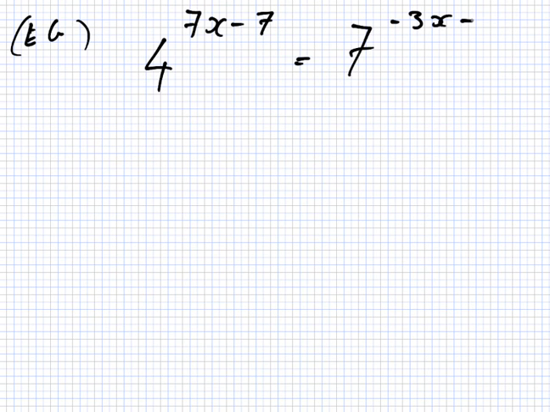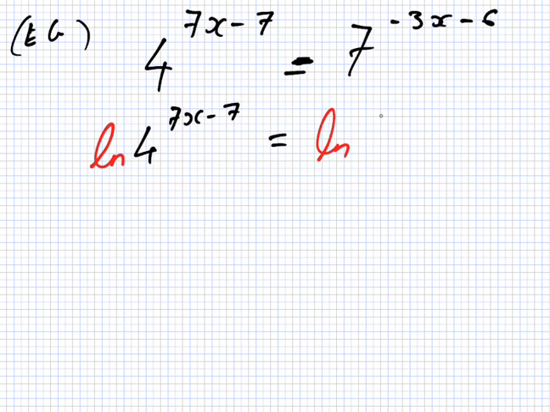So for example, I have 4 power 7x minus 7 equals 7 power minus 3x minus 6. So just like before, we can put a log on both sides. And just like before, we can take these powers down in front.